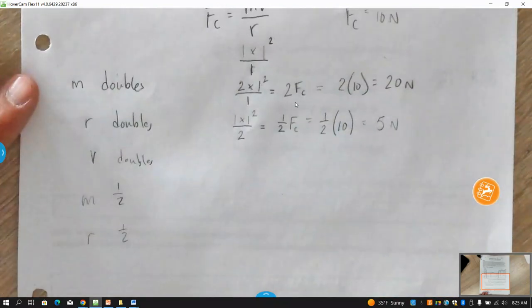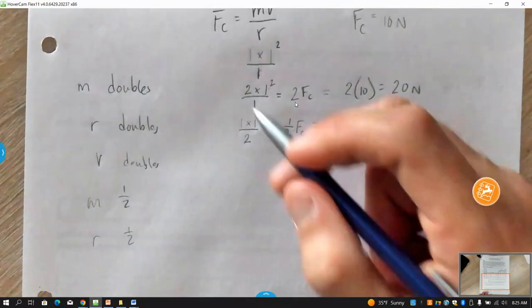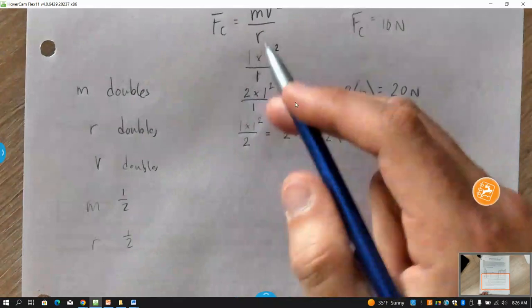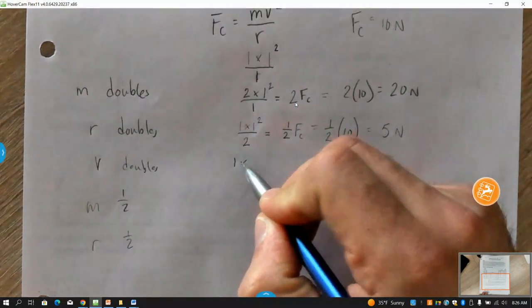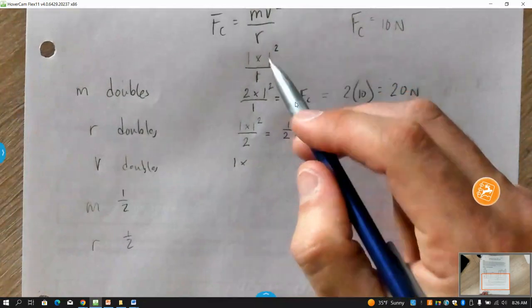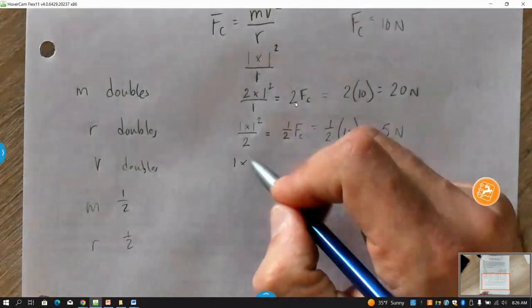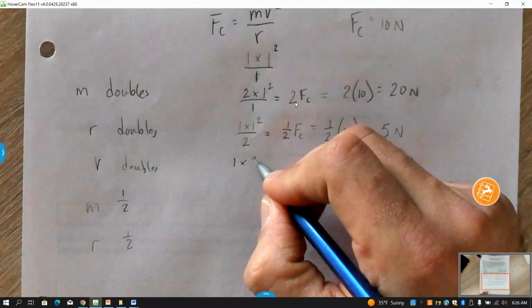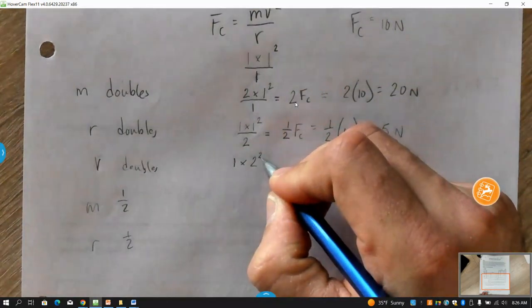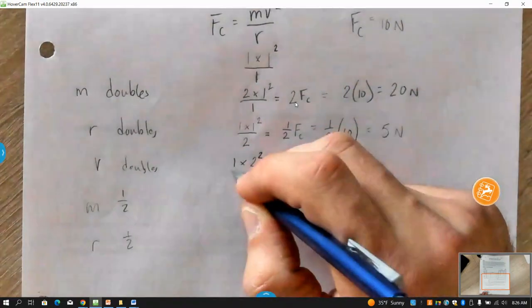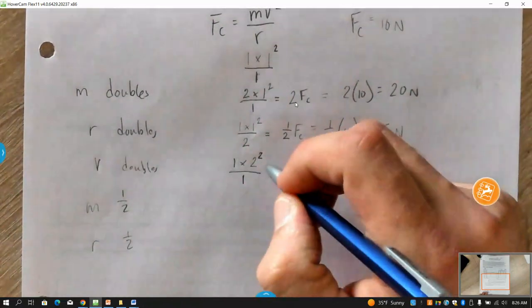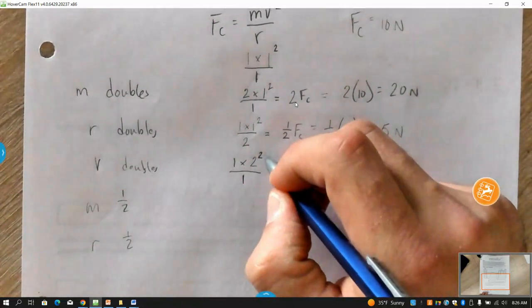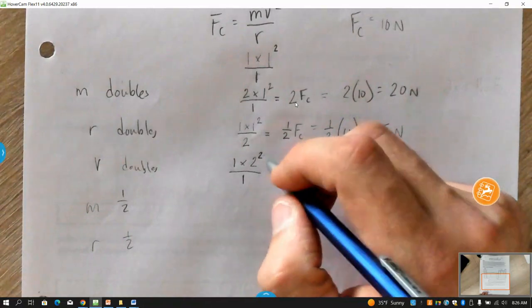All right, what about if the velocity doubles, our tangential velocity doubles? Well, mass doesn't change, so that stays a 1. The v squared, which became our 1 squared, would become a 2 because it says it doubles. But you still have to add that squared to it. And they said nothing happened to the radius, so we're leaving that. 2 squared is 4. 4 times 1 is still 4.